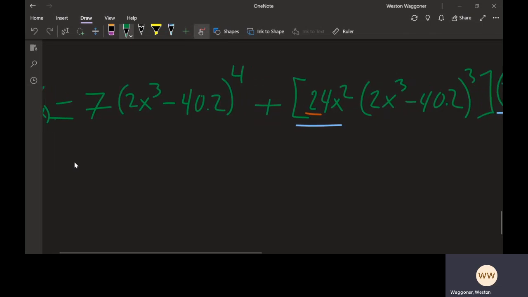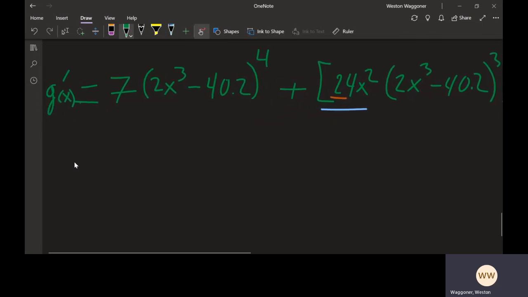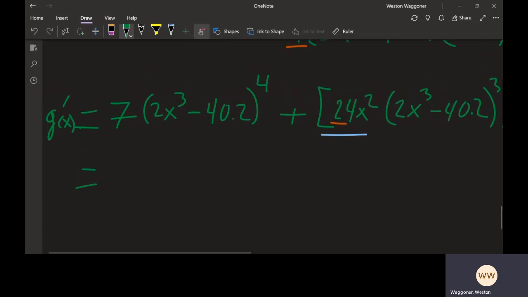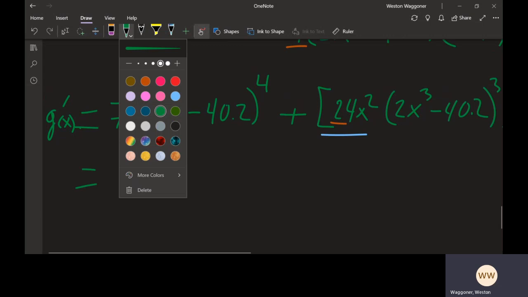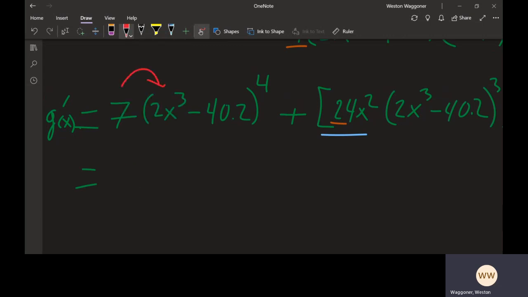All right, so let's say this. Now, I think a mistake some people might make is to jump in and say, hey, I could take this 7 and distribute it. You can't. What some people might be thinking is that 14.